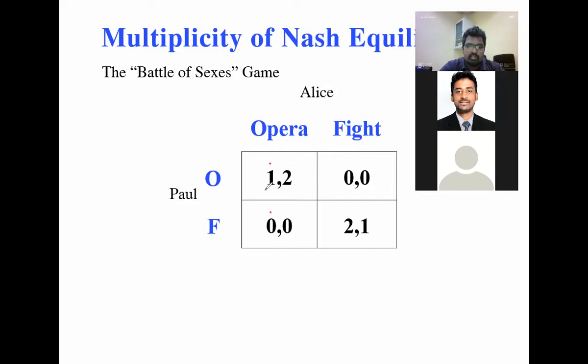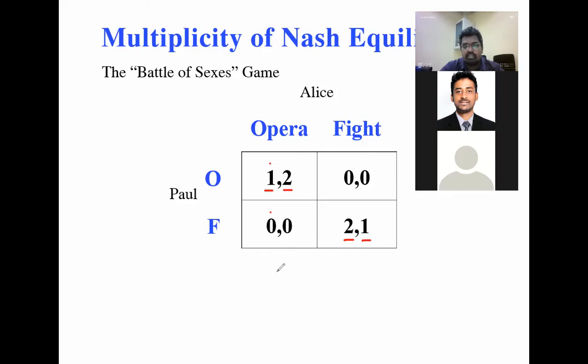And if Alice goes for fight, what's the best for Paul? Fight. And the other way, if Paul goes for opera, what's the best for Alice? Opera. And if Paul goes for fight, the best for Alice is fight. So finally they will end up with these decisions, as always they are deviating from zeros.